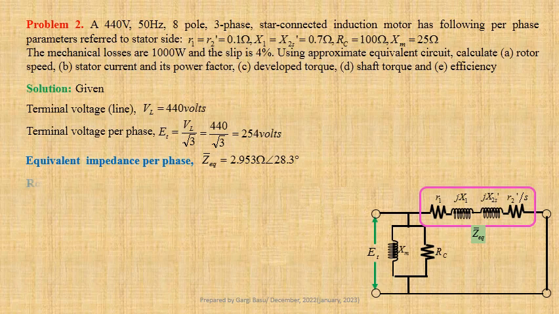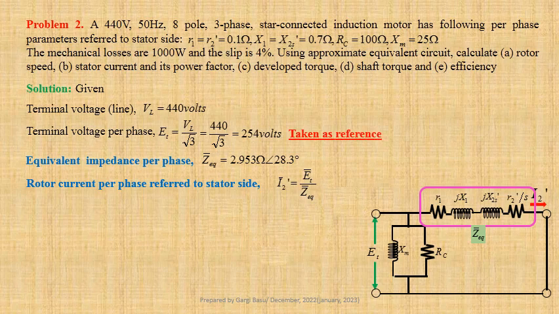Expression for rotor current per phase referred to stator side I2 dash equals ET divided by ZEQ. Taking terminal voltage per phase ET as reference, we get I2 dash equals 254 at an angle 0 degree divided by 2.953 at an angle 28.3 degree. That gives us 86 ampere at an angle minus 28.3 degree.